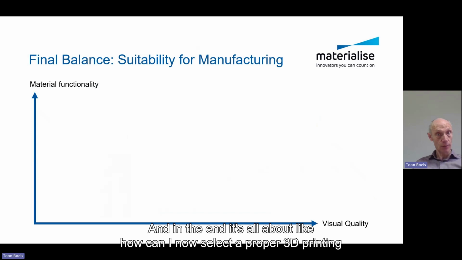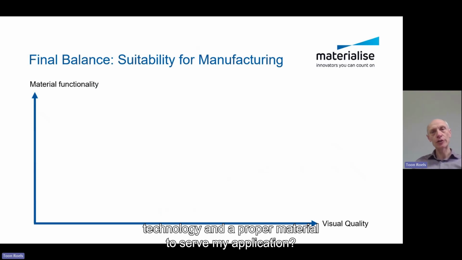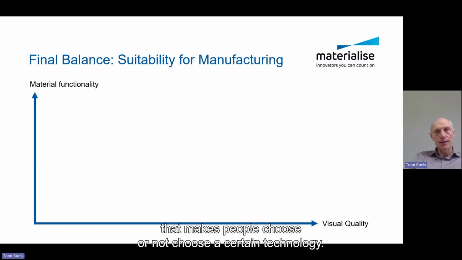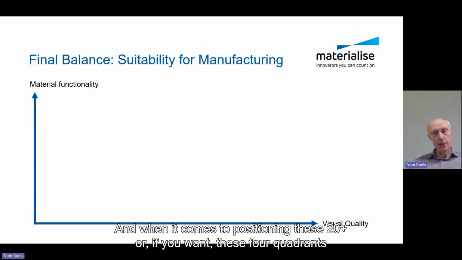And in the end, it's all about how can I now select a proper 3D printing technology and a proper material to serve my application? So it's very often the suitability for series manufacturing that makes people choose or not choose a certain technology.